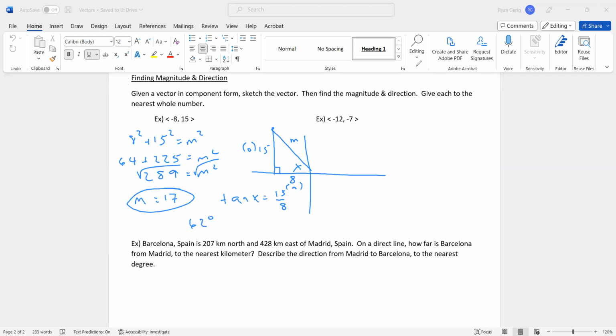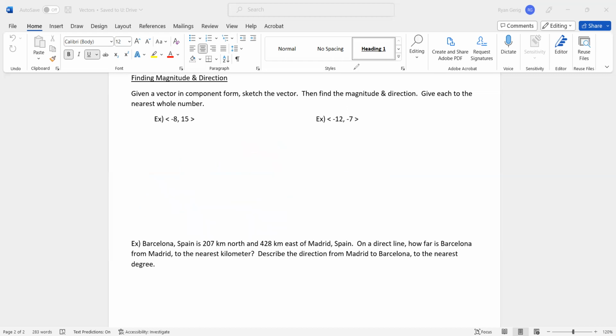But now you've got to give the directions as well. So I'm on the west and I'm traveling north. So I'm traveling north of west. And that's your direction. All right. I'm going to go ahead and clear all that. We'll do it again. Again, I'll sketch it. -12, -7. So -12, -7.